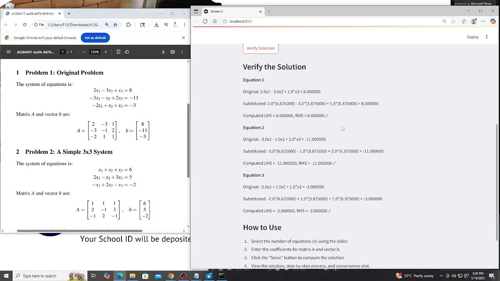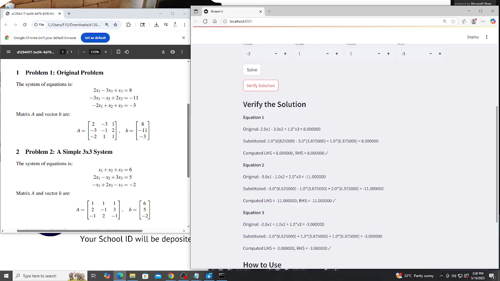So as you can see, after substituting and multiplying, we really check and verify that in equation 1, 8 equals 8, and it's verified.